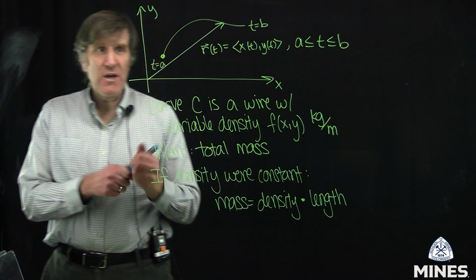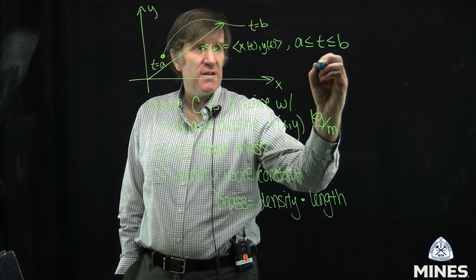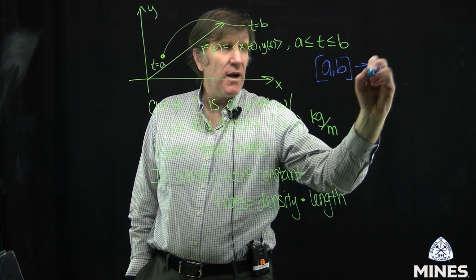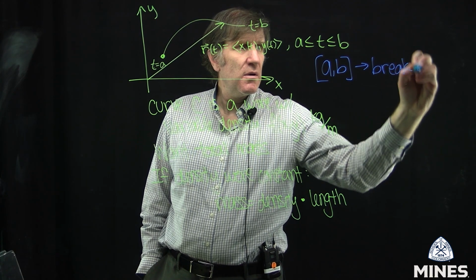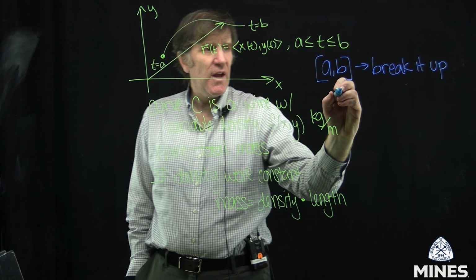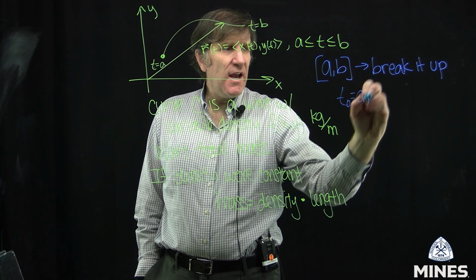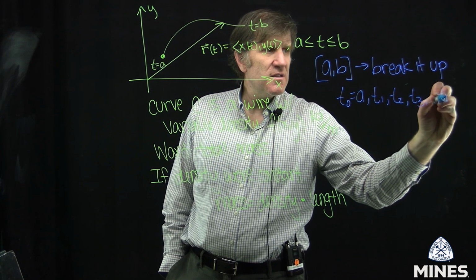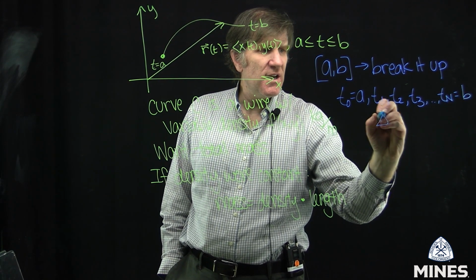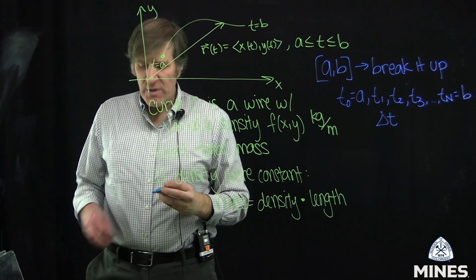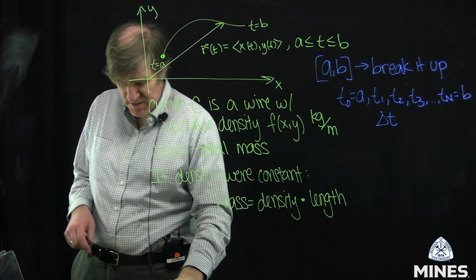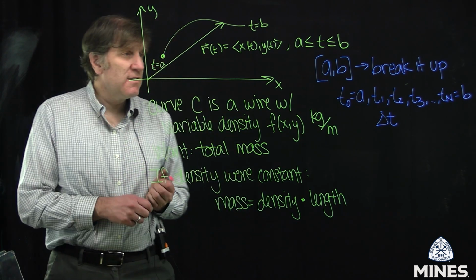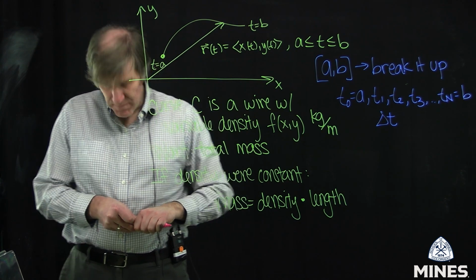So we're going to take this a to b interval and break it up so that we have t0 is a, and then t1, t2, t3, and t sub n can be b, and there will be a delta t spacing between each of the t endpoints of these t intervals, and that spacing will be uniform with delta t.